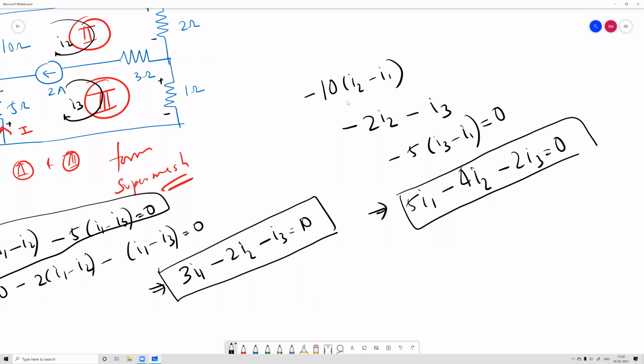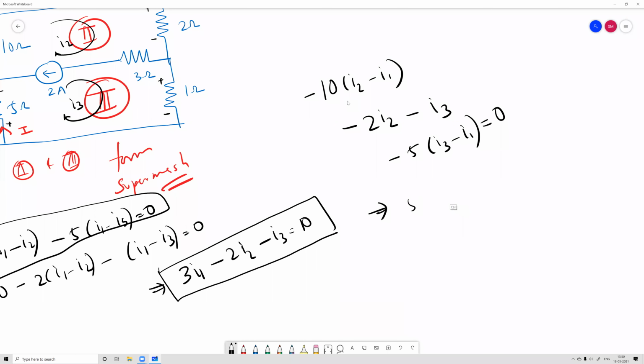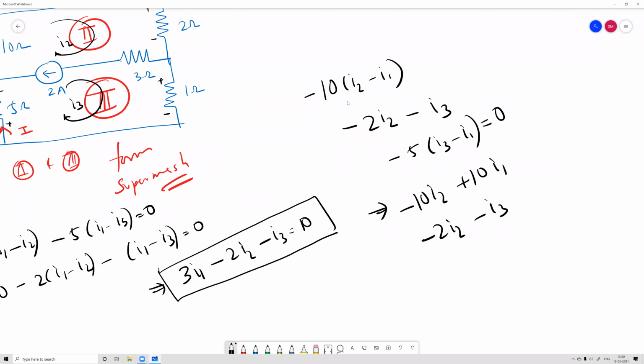Check. Minus 10 I2 plus 10 I1 minus 2 I2 plus 2 I3 minus 5 I3 plus 5 I1, that is 0. 15 I1 minus 12 I2 minus 3 I3, that is 0.